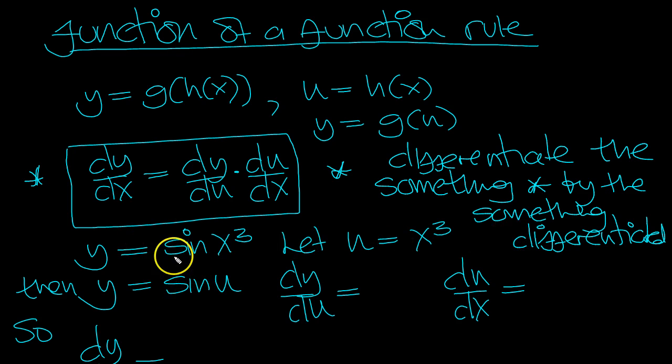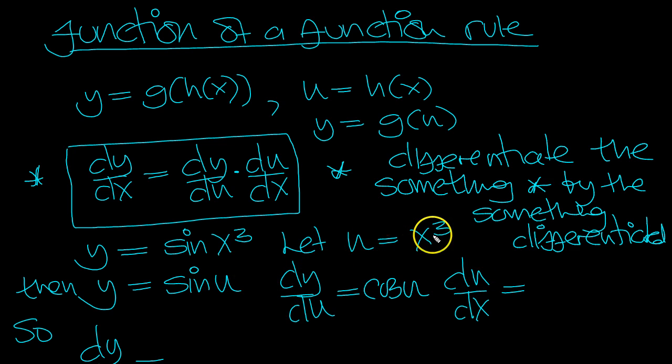So here, if we let u equal x cubed, we have sine u, and u can equal x cubed. So sine of something. That's now a standard function. Sine u differentiates to cos of u, and then multiplied by the something differentiated.